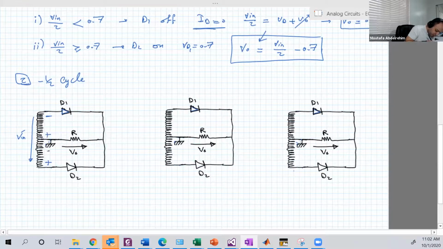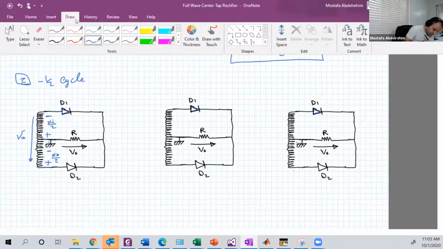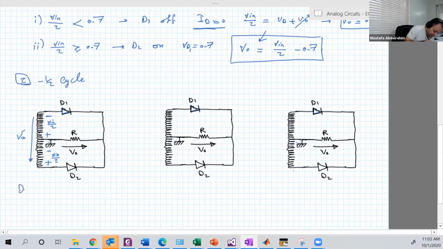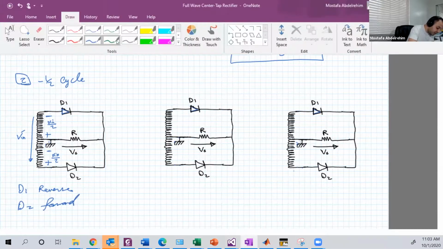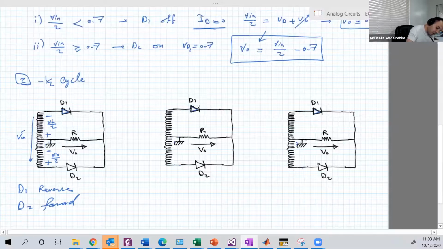The ground to the positive is considered the negative. Again here, V input over 2, V input over 2. Now, which is forward and which is reverse? Now, D1 is reverse and D2 is forward. So we can basically remove D1, it's open circuit.